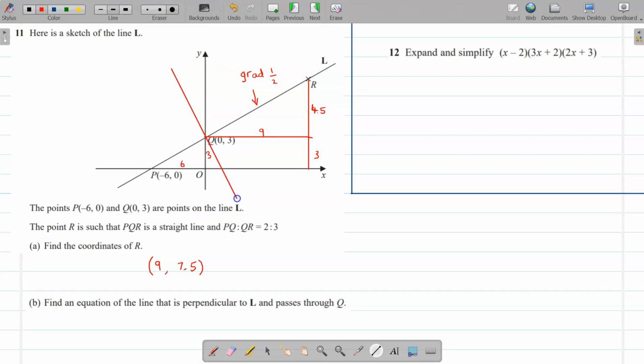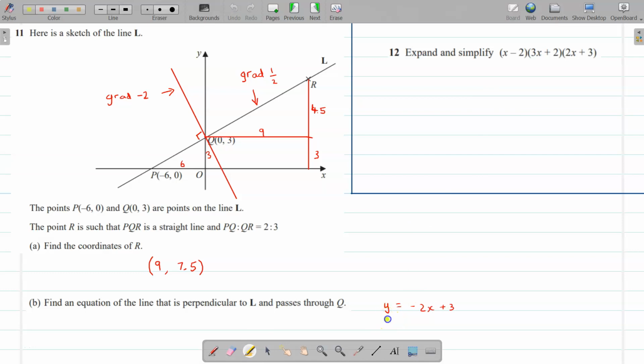So I'm just going to put that line in there, and this gradient here is -2. Well, a straight line with a gradient of -2, that's at 90 degrees like that, crosses the y-axis at 3, has an equation y equals -2x plus 3.